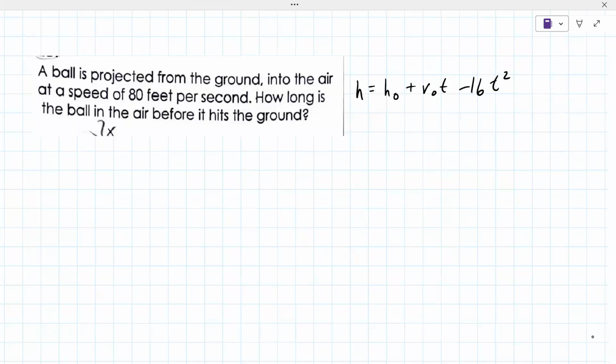She said it depends on whether it says feet or not. So this is the US. If it were metric, it would be minus 4.9t squared. Got it.